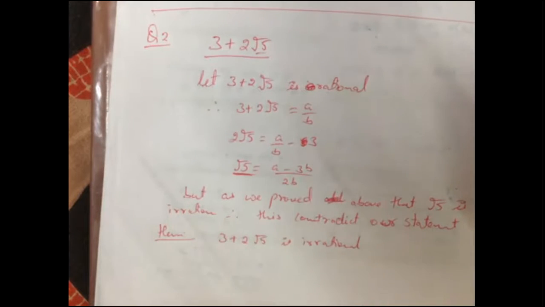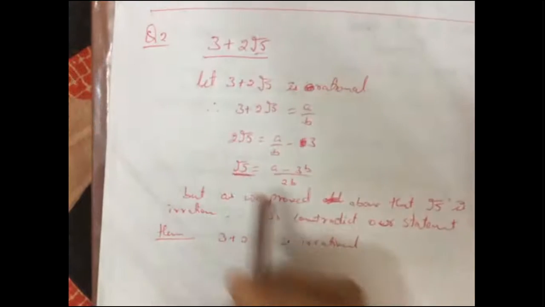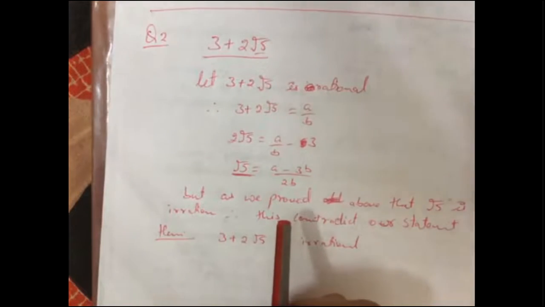You know it is irrational, but in this chapter we have to prove that the irrational number is actually irrational. How do you know that root 5 is irrational? This is what we are proving.